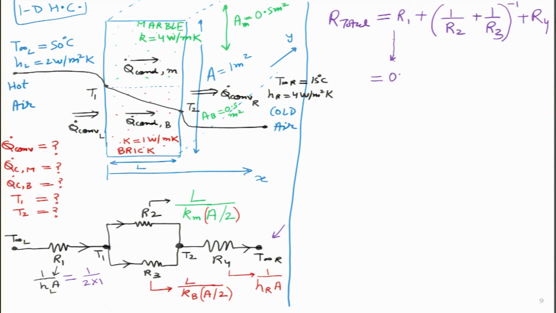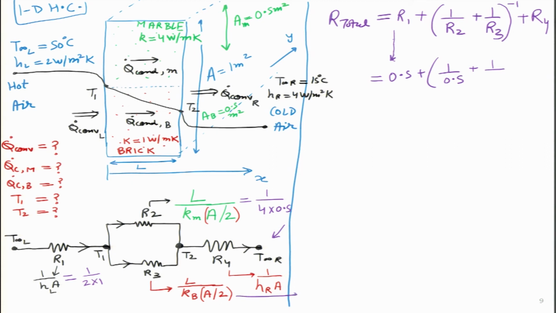So, this will be 0.5 plus, let us do this one as well. What will this value be? This will be L is 1, Km, so marble is 4, area is 0.5, right. So, this whole thing will turn out to be 0.5 as well. Then we will look at R3. R3 is over here.